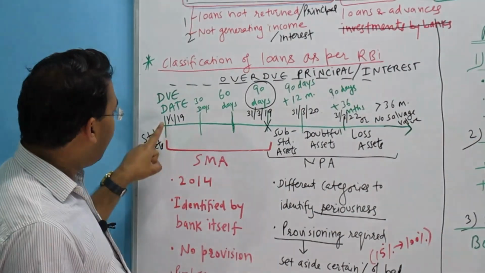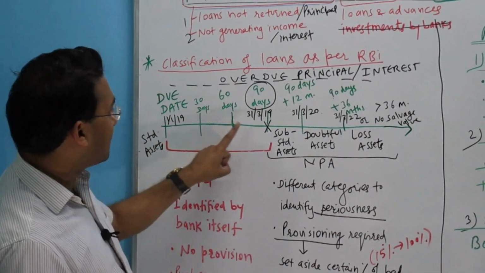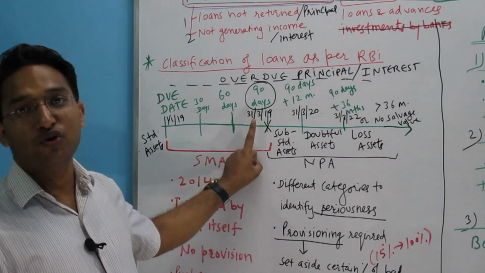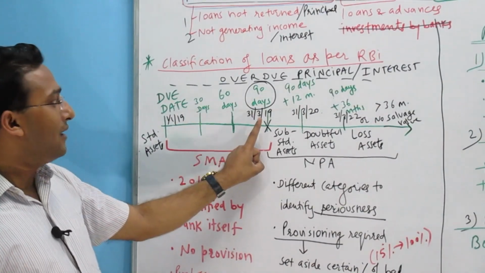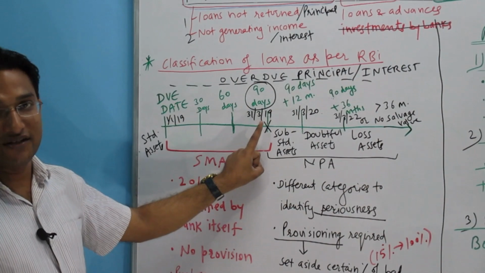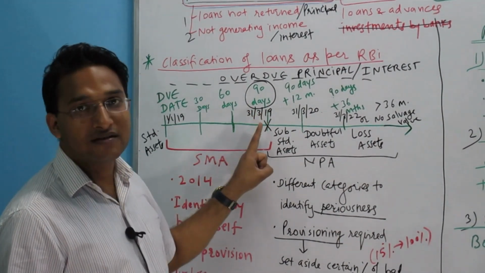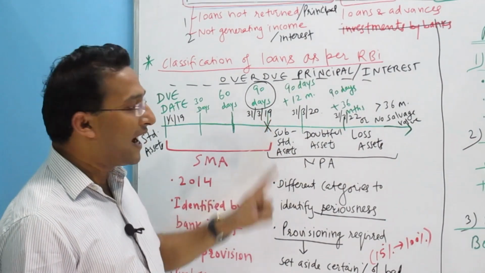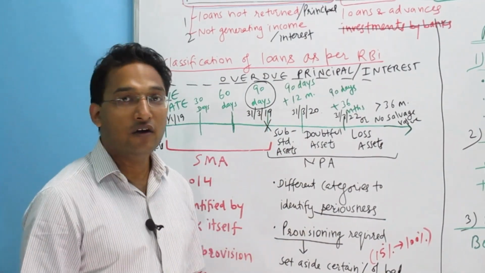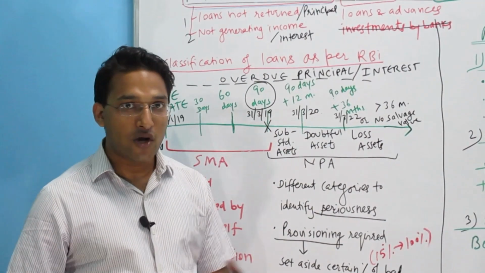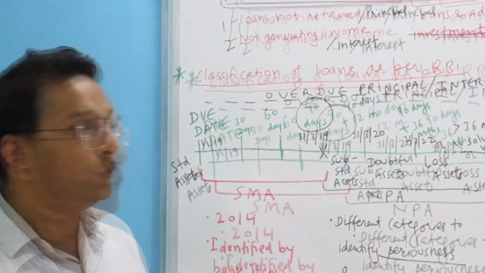When this loan account remains overdue for the next 90 days, that is up to 31st of March 2019, at this moment, it will be called a non-performing asset. On 1st of April 2019, this will be called a non-performing asset. Till this time, it will not be called a non-performing asset, right? So I hope this concept is very much clear to you.